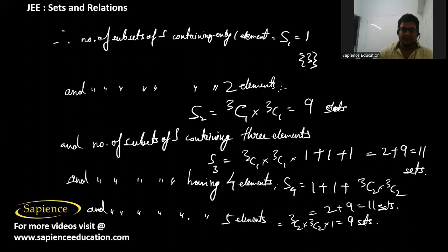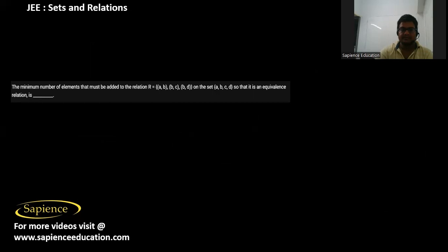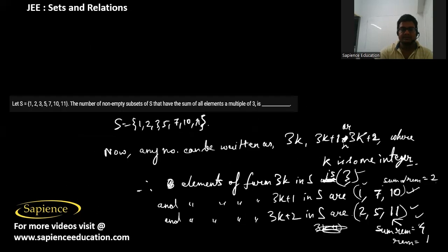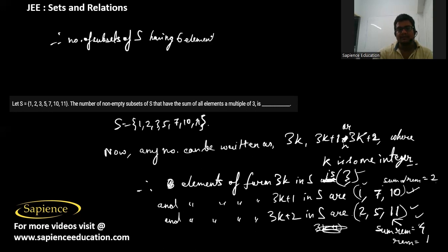And then we have to find the number of subsets of S containing 6 elements. So we can choose from here, we have to select all these elements and all these elements.